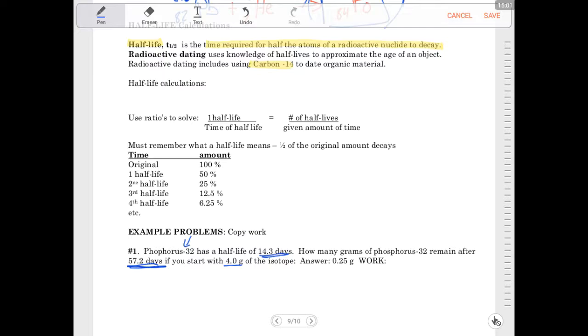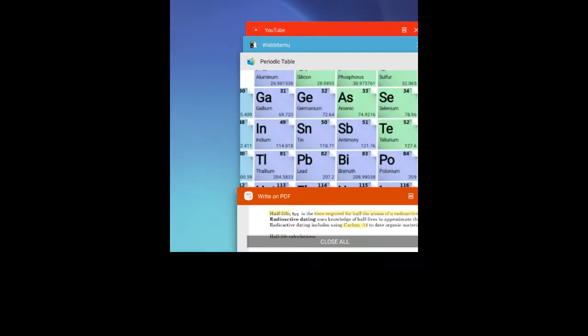So the first thing I want to do, before I figure out how much is going to be left over from my original 4 grams, is figure out how many half-lives have been undergone. To do that, I take the total number of days, 57.2, and divide it by 14.3. I'm going to go to my calculator really quick.